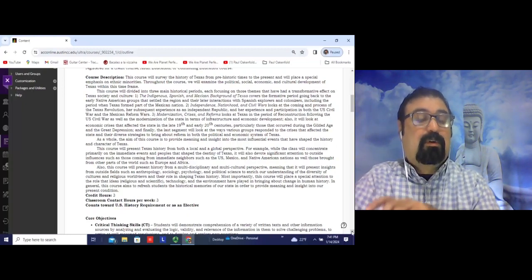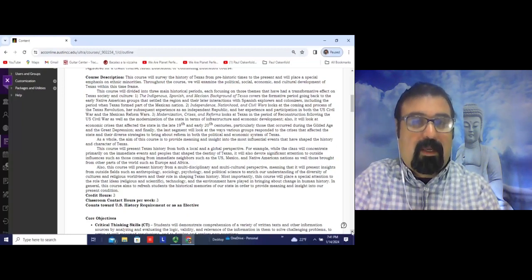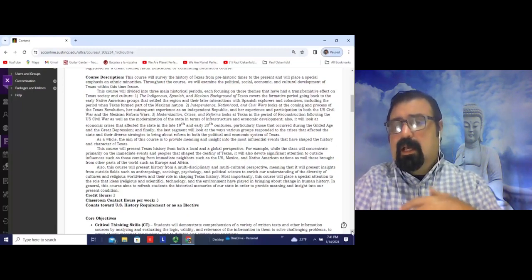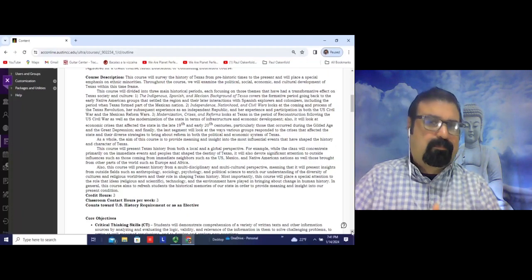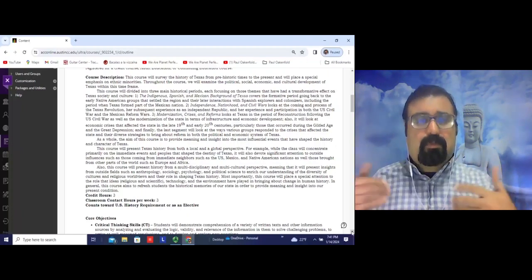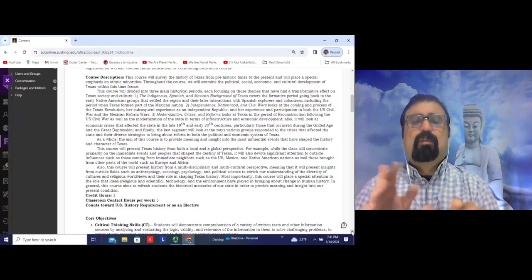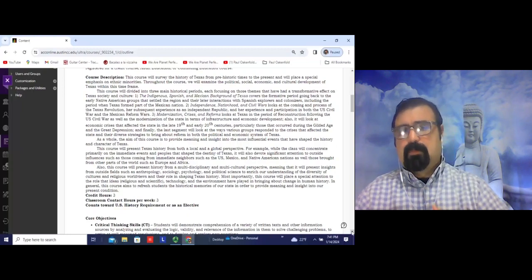Also, farmers were also struggling to survive in this new economy of capitalism and commerce, and how they also were organizing into associations and alliances and trying to push for reforms and the like. Again, we're going to be looking at all of those struggles at the end of the 19th century.